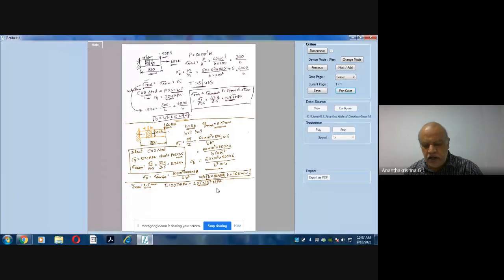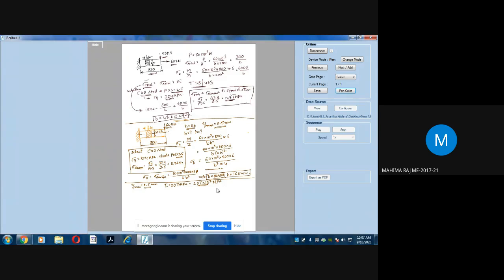Page number 15, table 1.4. After looking, take the first 4 sheets that we had taken earlier. There we have table 1.4. It is shear, moment, and deflection formulas for beams. Are you there? Yes, sir.